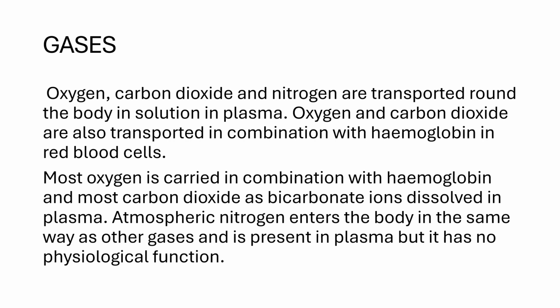Red blood cells move with oxygen and also with carbon dioxide, and they are exchanged in the lungs, as I've explained earlier. Most oxygen is carried in combination with hemoglobin, and most carbon dioxide as bicarbonate ions dissolved in plasma.